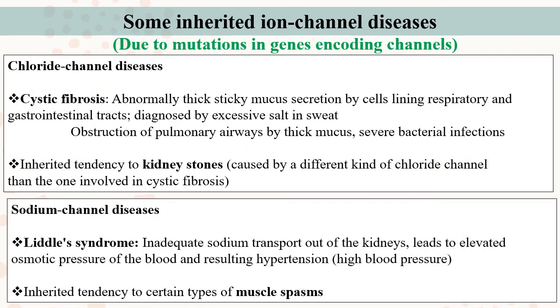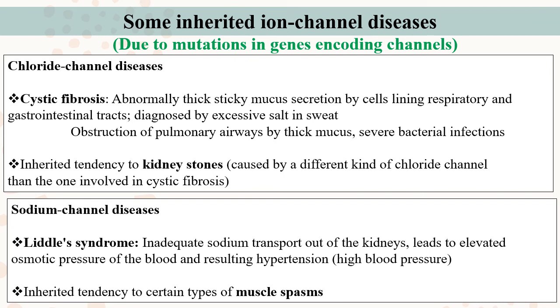Let us talk about some inherited ion channel diseases. These diseases are due to mutations in genes encoding channels. The disease due to mutation in the chloride channel encoding protein is cystic fibrosis. Here, abnormally thick sticky mucus is secreted by the cells lining the respiratory and gastrointestinal tracts.